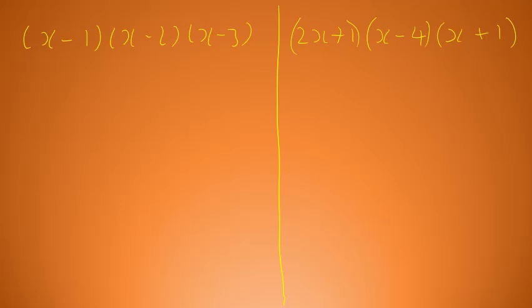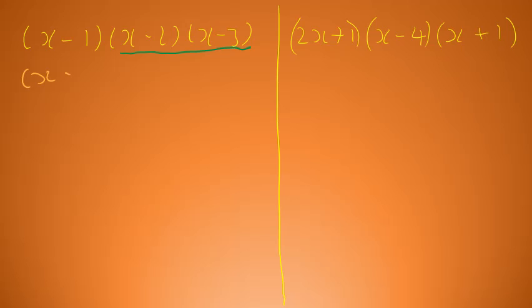The questions here are a little bit different in that I've got quite a few negative signs on the first one. So what we'll do with that one is we'll leave the x minus 1 till last, and we'll just focus on this bit here.